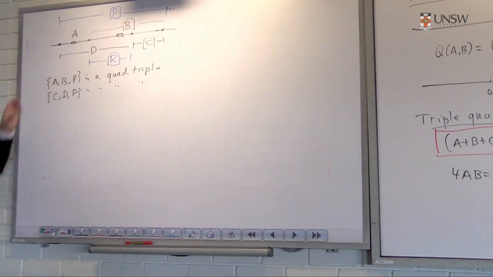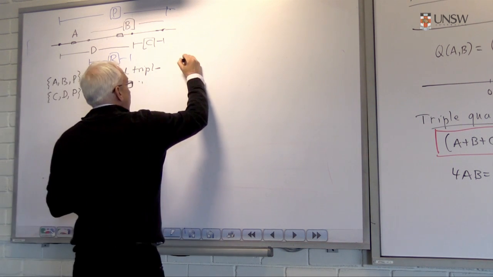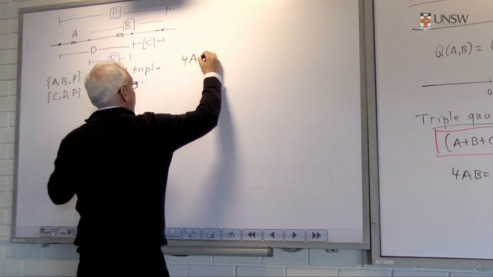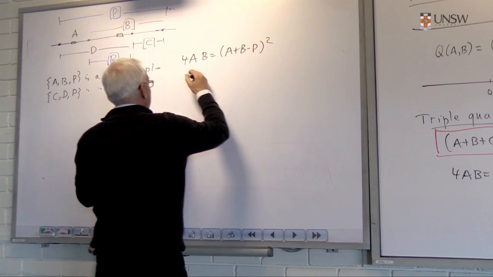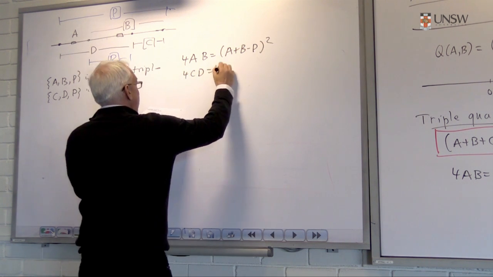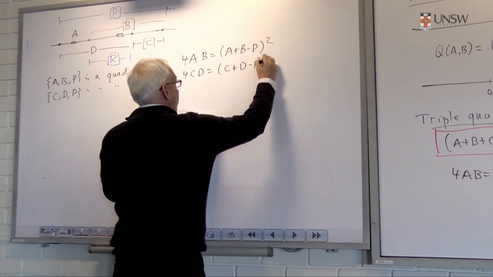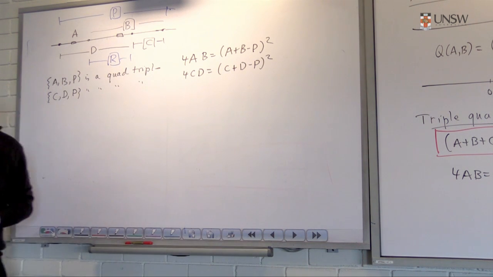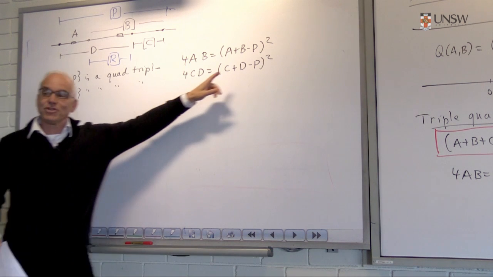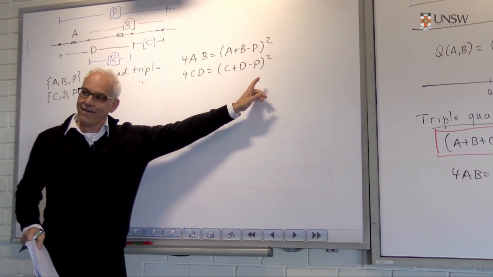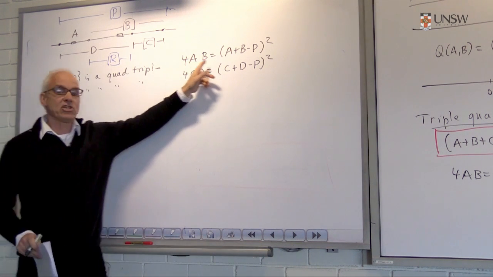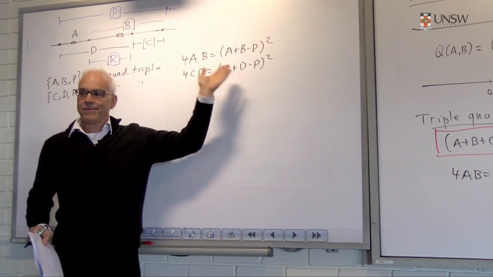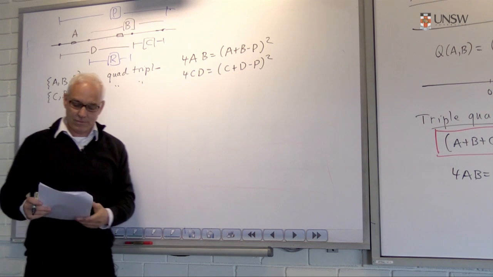So here we have 2 quadratic equations. So I'm going to write out these quadratic equations. The first one is 4ab equals a plus b minus p squared, and the next one is 4cd equals c plus d minus p squared. So those are 2 quadratic equations which have a common solution p. So from what we just did, we can write down a relationship between the 4 other quantities floating around.